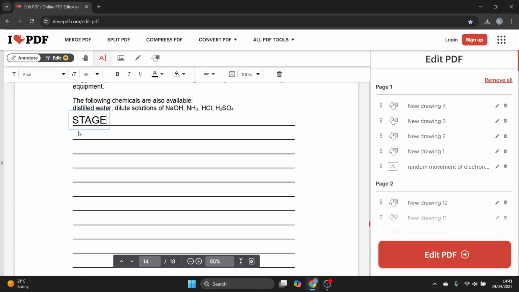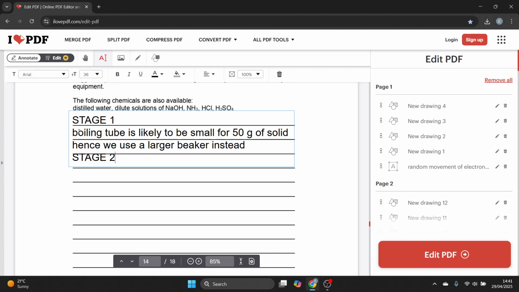Stage 1, the boiling tube is likely to be too small for 50 grams of solid. Hence, we use a large beaker instead.